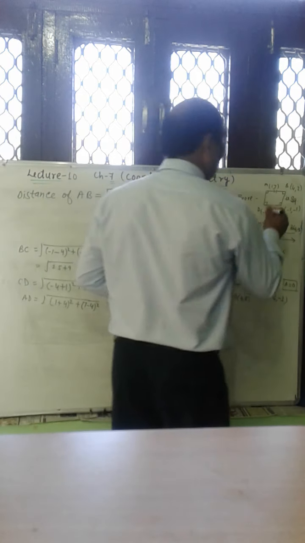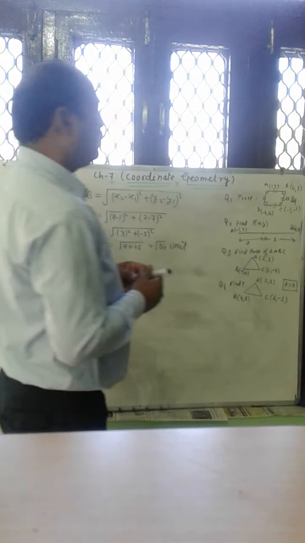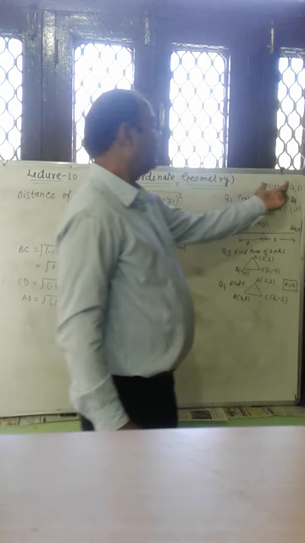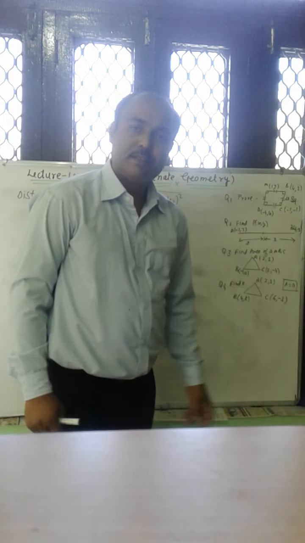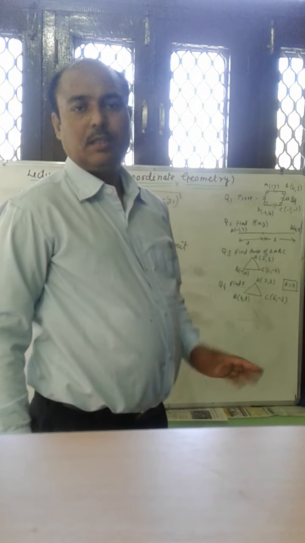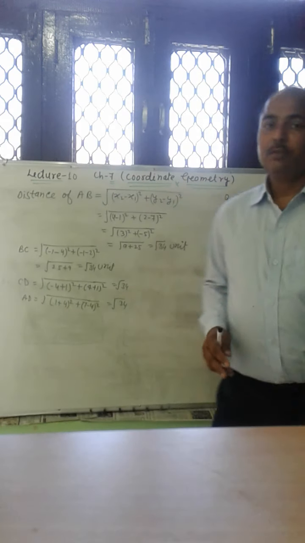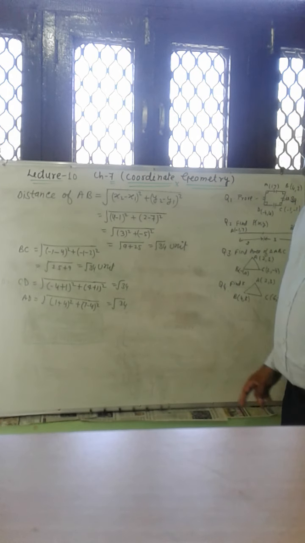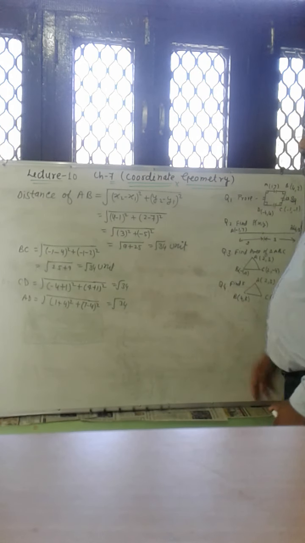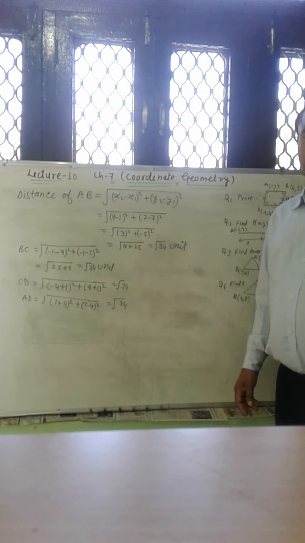All the sides are equal. These are four sides: AB, BC, CD and AD, all equal in length. Now, if all sides are equal, then there are two possibilities. Maybe it is a rhombus or maybe this is a square.